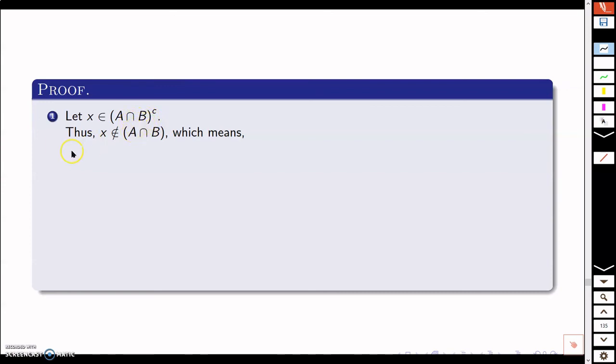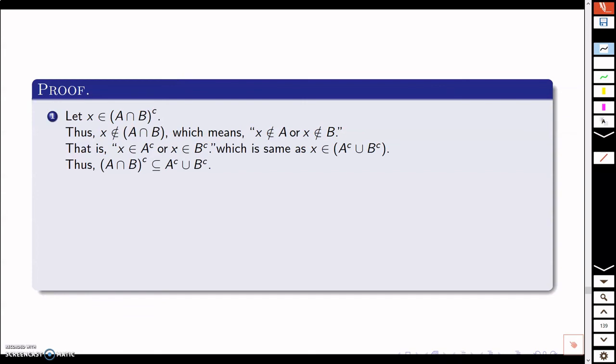So X does not belong to A intersection B, which means X is not in at least one of A or B. So X is not in A or X is not in B. This means X is in A complement or X is in B complement, which is the same as X being in A complement union B complement. Therefore A intersection B complement is contained in A complement union B complement. So one side is done.